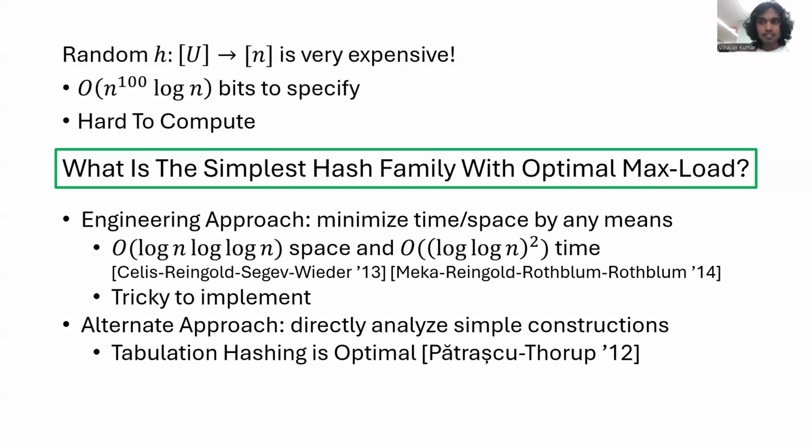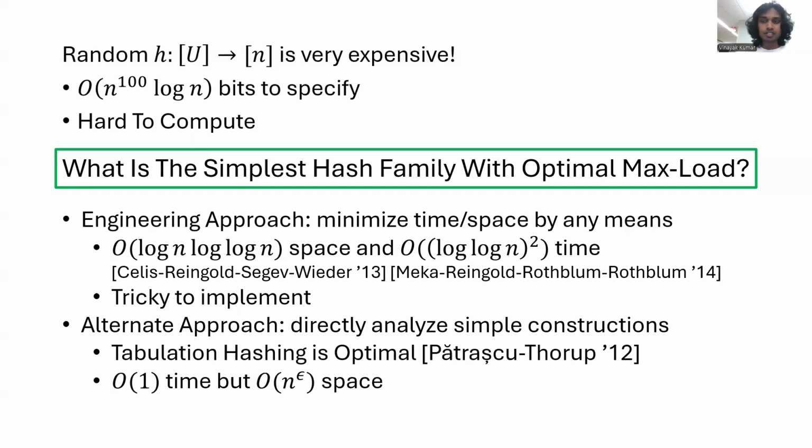More or less, how this hash function works is you take your input, you split it into constant many blocks, and then you're going to have hard-coded for each block some hash table that'll map it to some smaller string. And then you XOR all of the hashes of the blocks together.